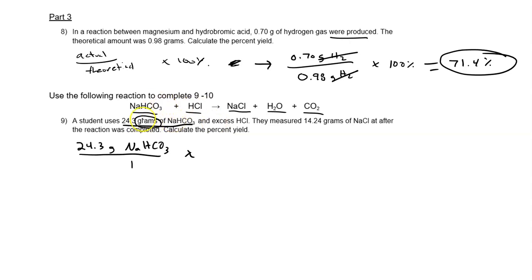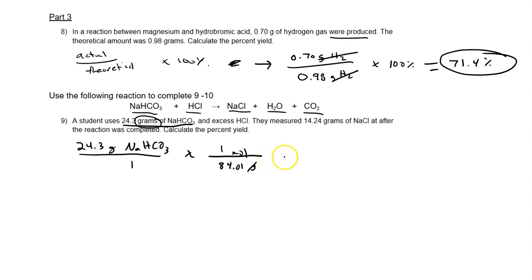That means we're going to use up all the sodium bicarbonate. There's going to be some HCl left over that we don't have to worry about. We want to know how much the limiting reactant produces of something. Okay? So, molar mass of NaHCO3 is 84.01 grams per mole. That'll give us moles of NaHCO3.